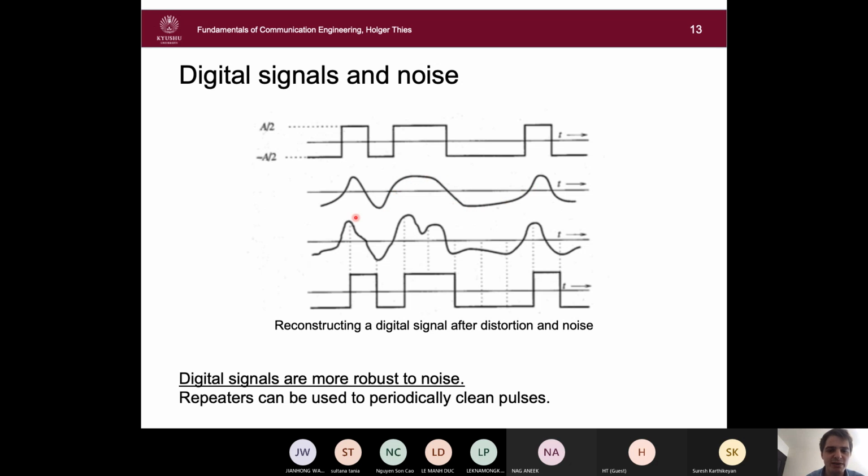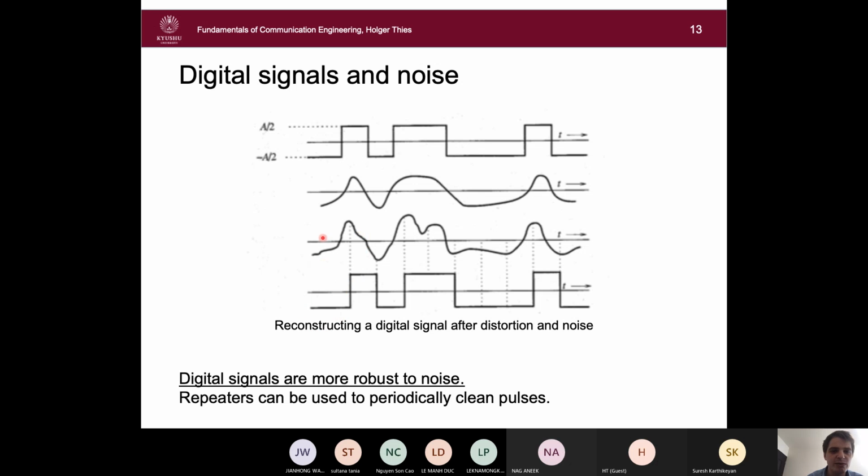And then there will be some noise and interference, so even this signal will have some slight bumps and so on. It will change a little bit. But if the change is not too much, since we know that the values will always be between -1 and 1, we can reconstruct the signal easily.